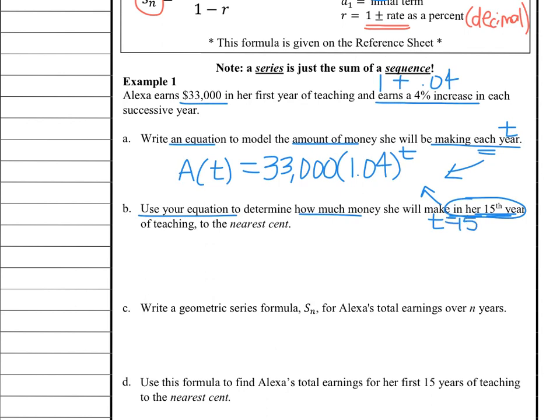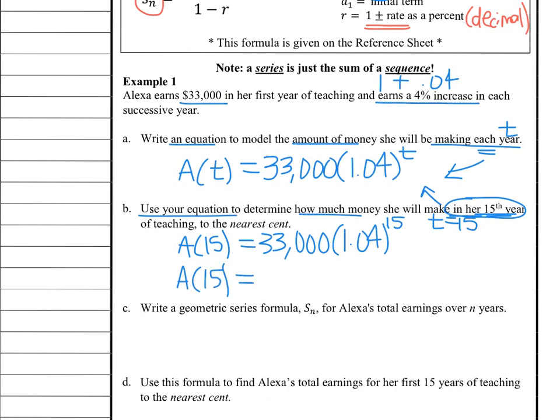So we're going to find A of 15 equals 33,000, plug and chug, 1.04 to the 15th power. Type that right into your calculator, and you're going to get 59,431.1356.